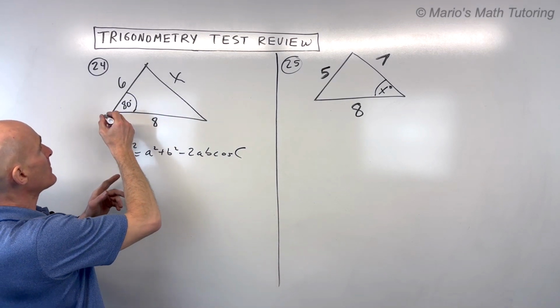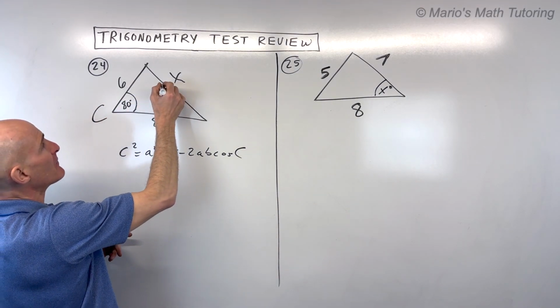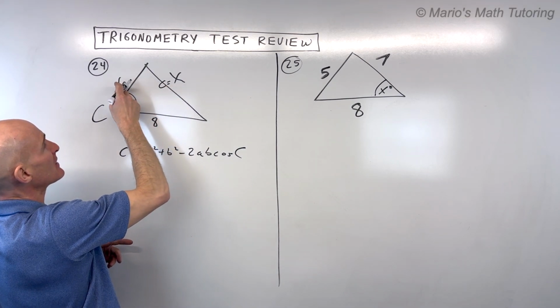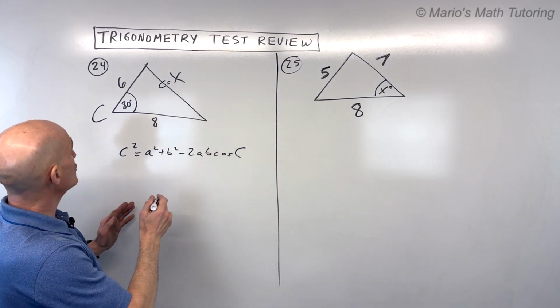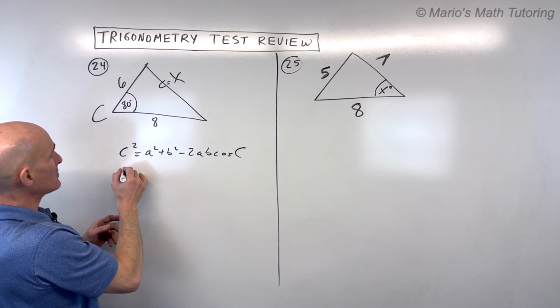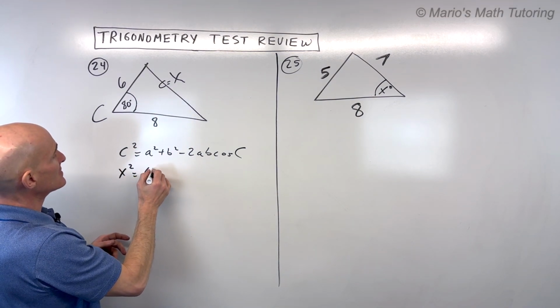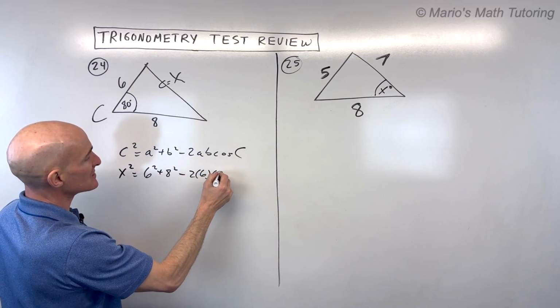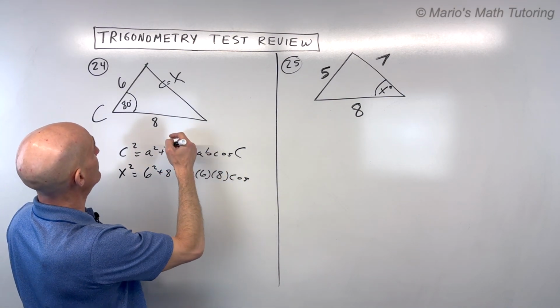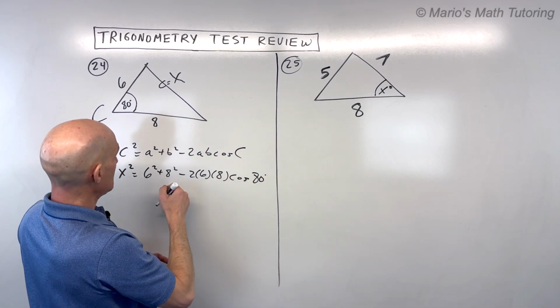But here, what I'm going to do is think of this as my angle C. I'm going to think of this as my side C. I'm going to think of these two sides that make up angle C as side A and B. So we're going to say x squared is equal to 6 squared plus 8 squared minus 2 times 6 times 8 times the cosine of the included angle, 80 degrees. Now I want to solve for x.